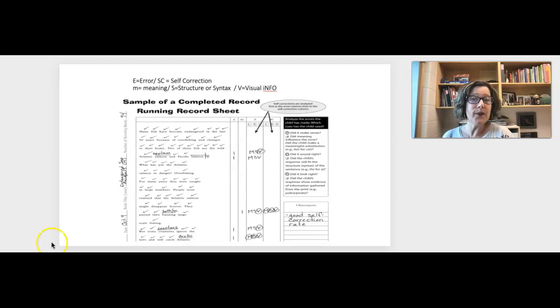So this is the sort of assessment where you have a child read something, and whenever they make a mistake, you try to figure out why they made the mistake. Did they not understand the meaning? Did they not understand the syntax? Or is it a visual thing? They just didn't recognize words. But this is really sort of falling out of favor.